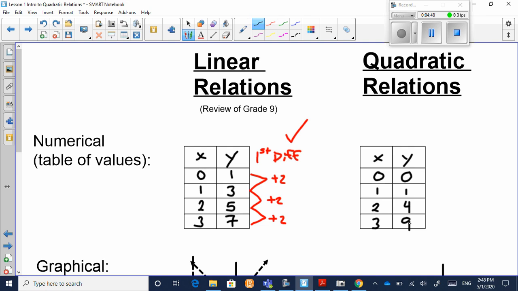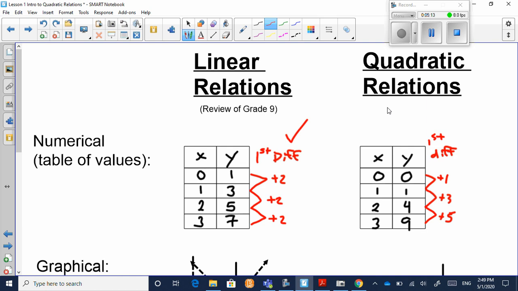We would have calculated our first differences: it's going up by +1, then +3, then +5. We would have said, no, that's not a linear relation, and we would have been happy and done with it at that point.